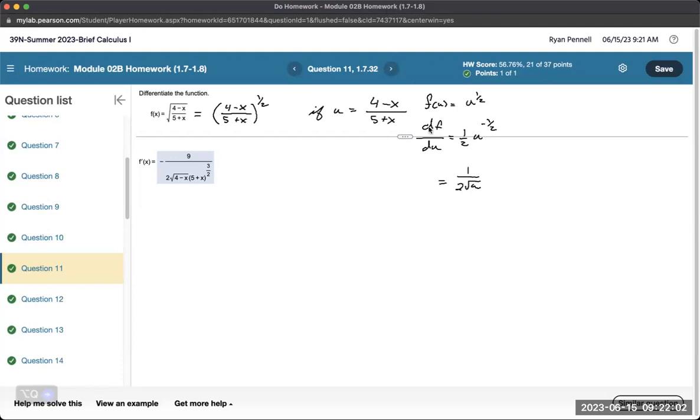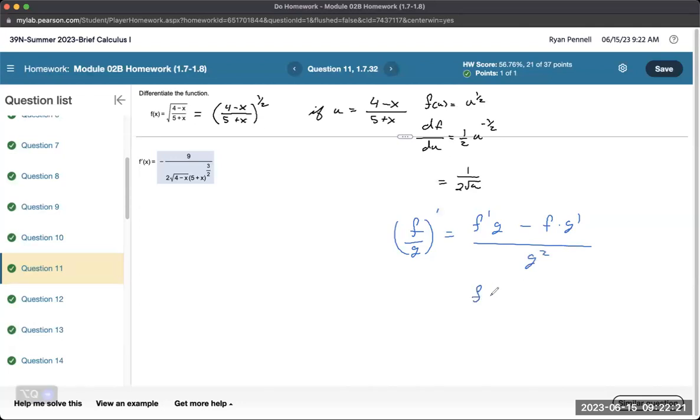Okay, I'm going to switch colors because I need to build my quotient rule now. Quotient rule: f over g prime is f prime times g minus f times g prime over g squared. And that's what we have to do here.